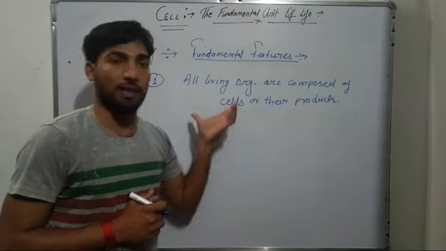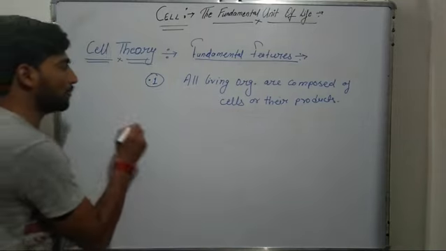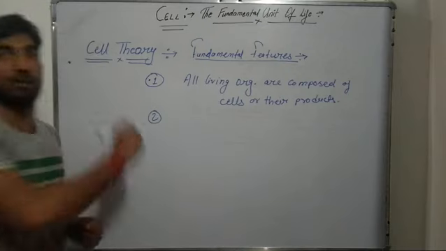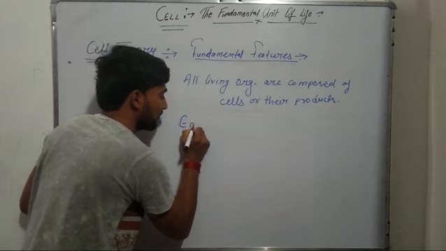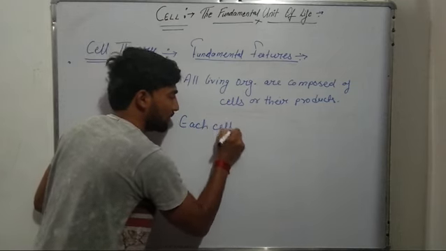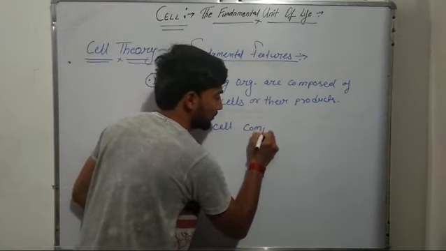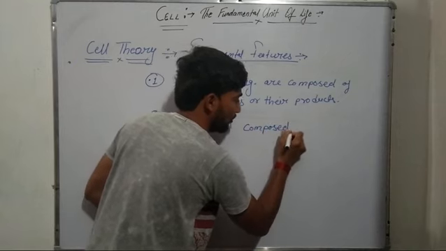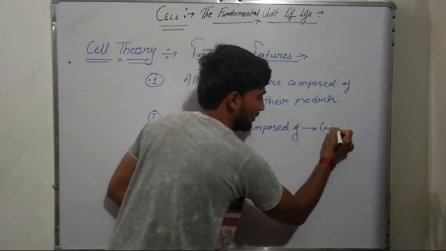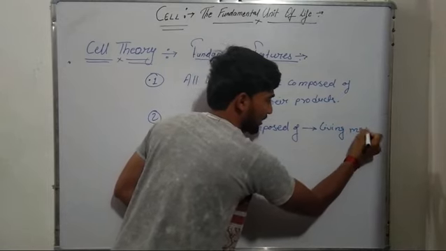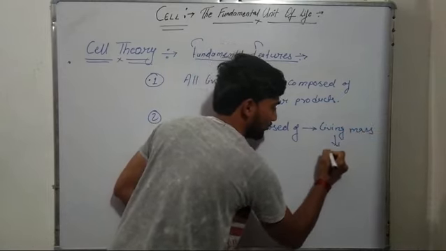Now the second fundamental feature of cell theory is that each cell is composed of some living mass, and this living mass is known as protoplasm.